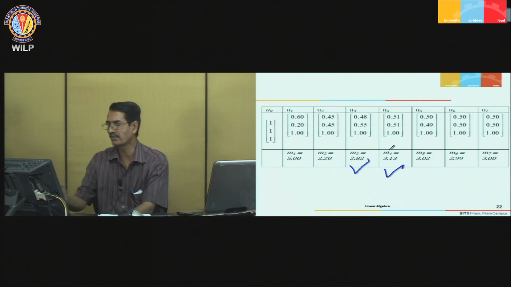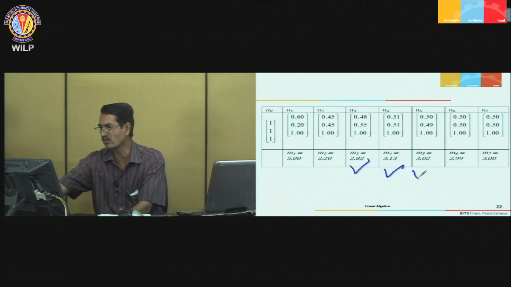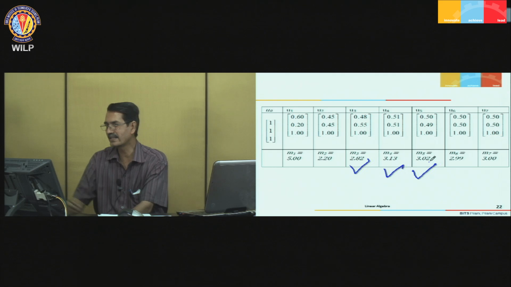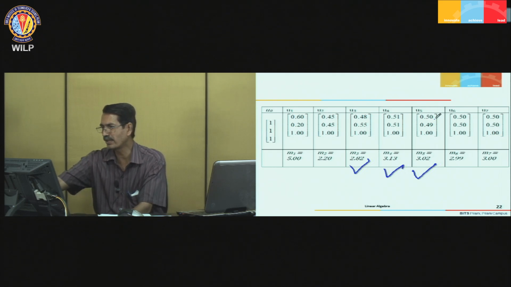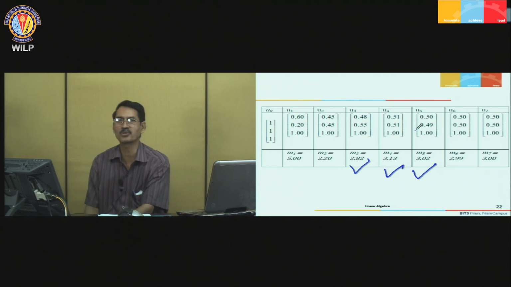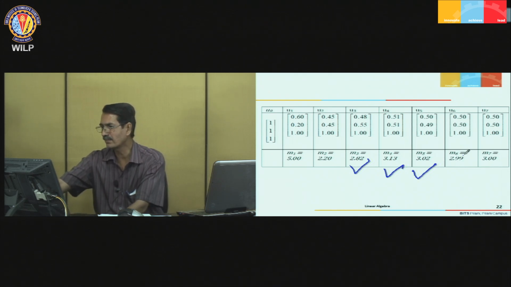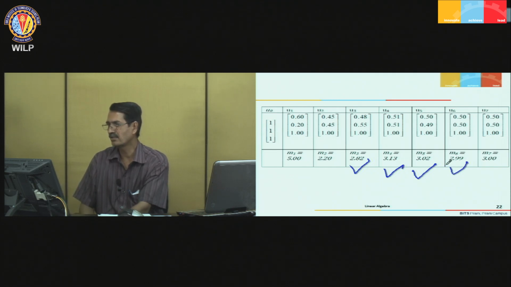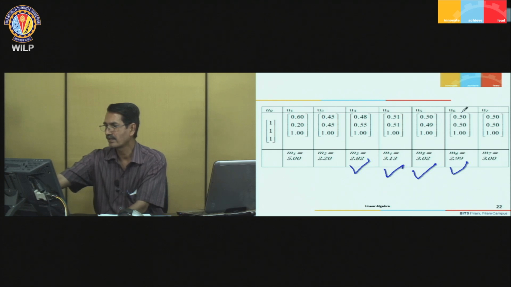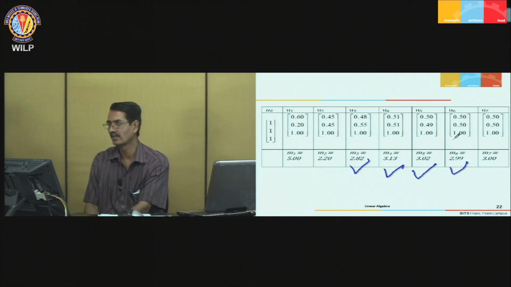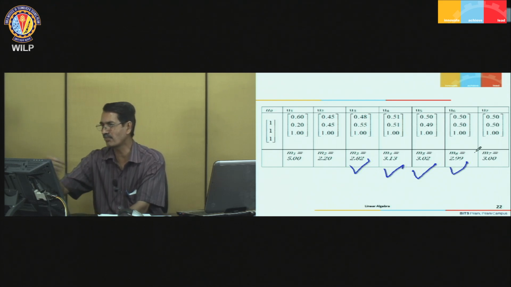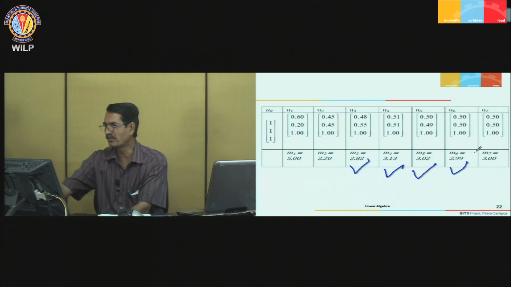Go to the next step, M5 is 3.02 and the corresponding u5 is 0.50, 0.49 and 1.0. In the next step, M6 is 2.99, and the corresponding u6 is 0.5, 0.5, 1.0. Take one more step, M7 is 3.00 and u7 is 0.5, 0.5, 1.0.